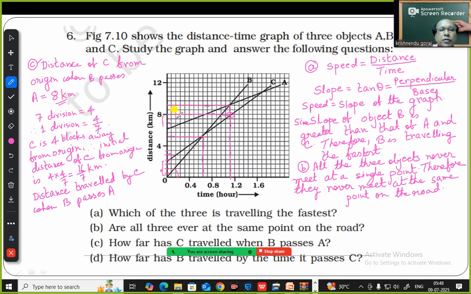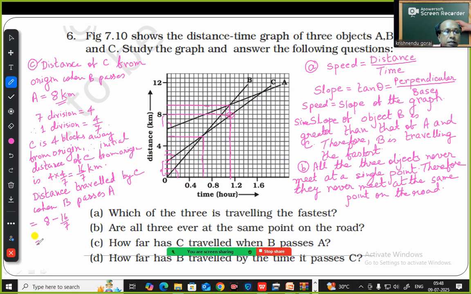We have to subtract the initial distance, that is, 8 minus 16 by 7.